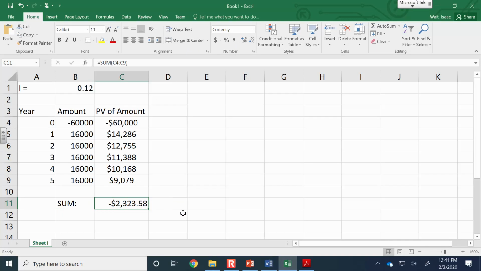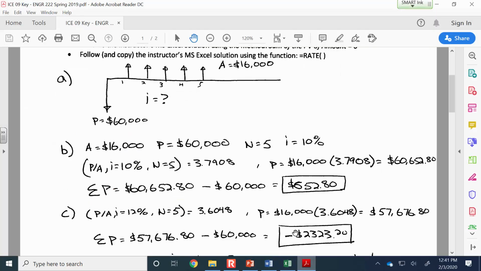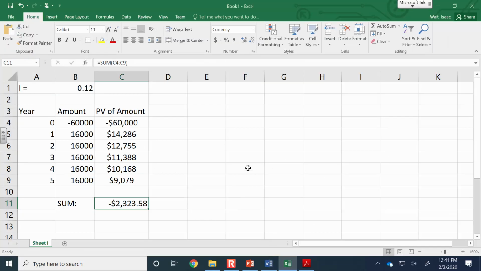Pretty close. The reason for the difference is that we were using the table lookup factors, which are only accurate to 1, 2, 3, 4, 5 digits. Whereas when you're doing it in Excel, it's accurate to, I don't know, something like 16 digits. It's more accurate. So it's correct. So that's the answer if it's 12% interest.